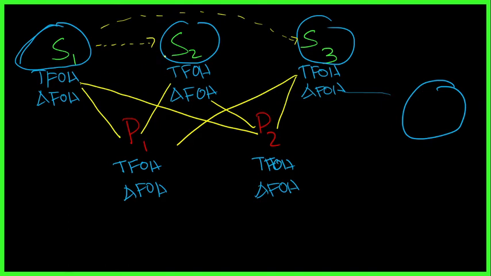You're not going to allocate it back to S1. Let's repeat that. S1 will be allocated to S2, S3, P1, and P2. Once S1 is done, you allocate the overhead incurred by S2 to S3, P1, and P2. After that, you allocate S3 to P1 and P2.